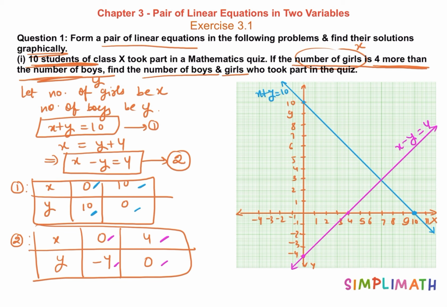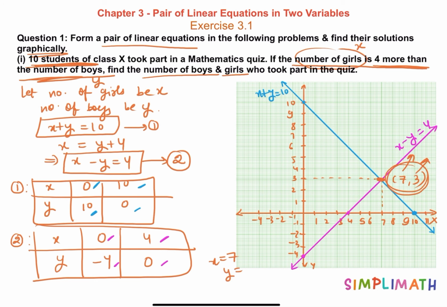So now if we see, where do the graphs of both the equations meet? It is this point. This point is 7 comma 3, right? So the solution of the given problem would be this point. And what is the x coordinate? X coordinate is 7, and what is the y coordinate?